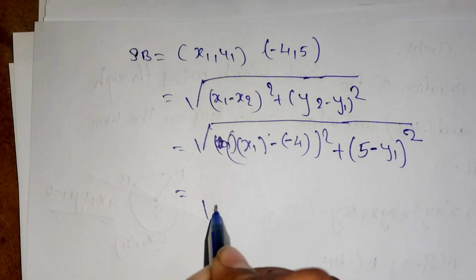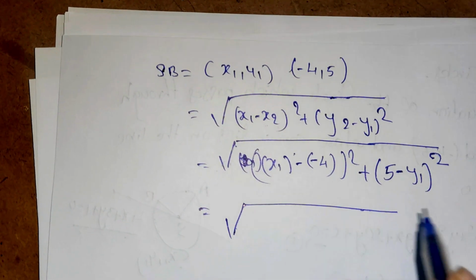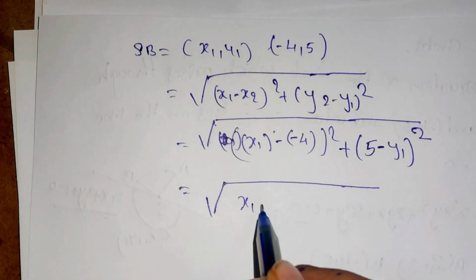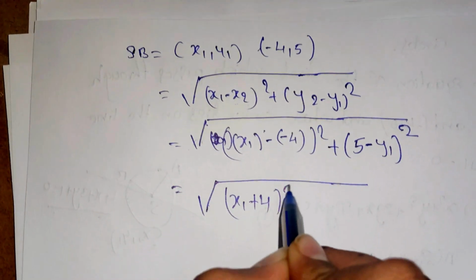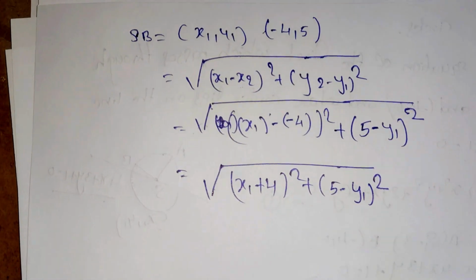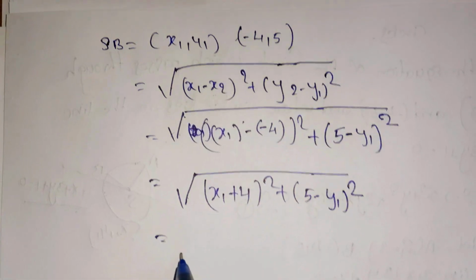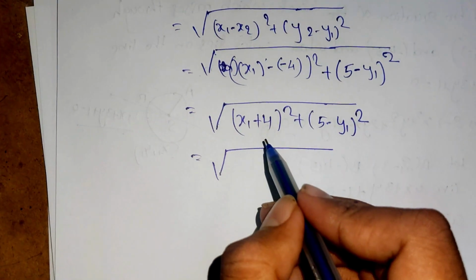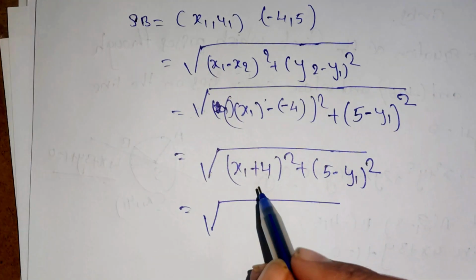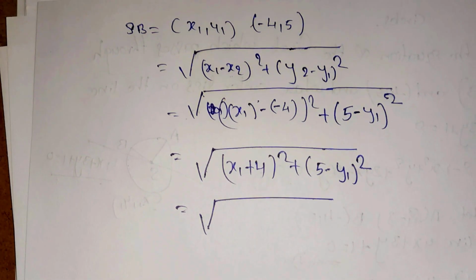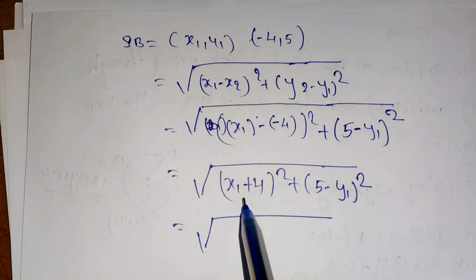So now square root of, what is the value of x1? Minus becomes plus whole square plus 5 minus y1 whole square. And now square root of, this is in the form of a plus b whole square. Previously we already discussed a plus b whole square. Now it's time to expand the a plus b whole square.